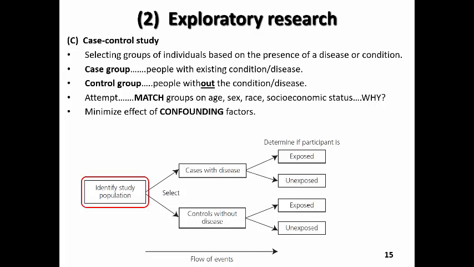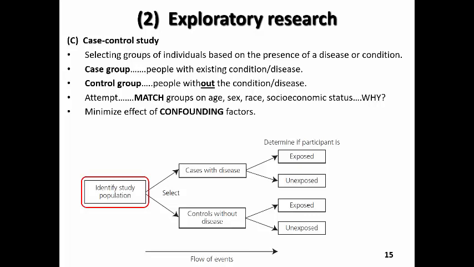So the participants are coming into the study already afflicted with that condition or disease of interest, whereas in the cohort study, the participants are followed long term to examine if they do develop that condition or disease from the exposure of the risk factors.